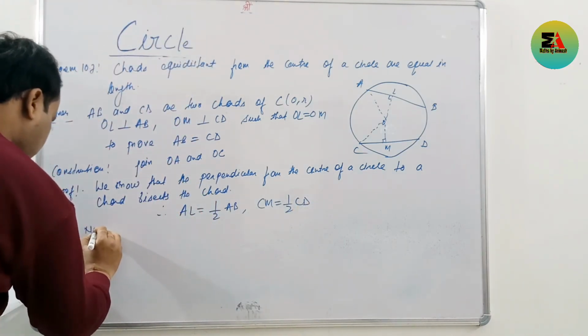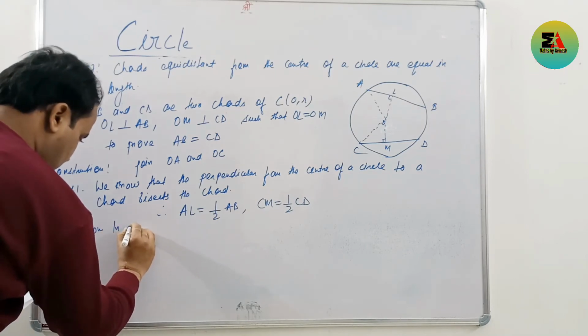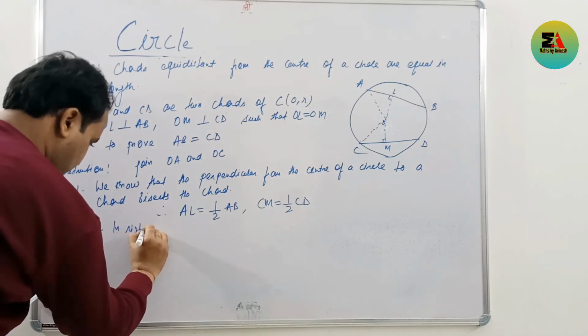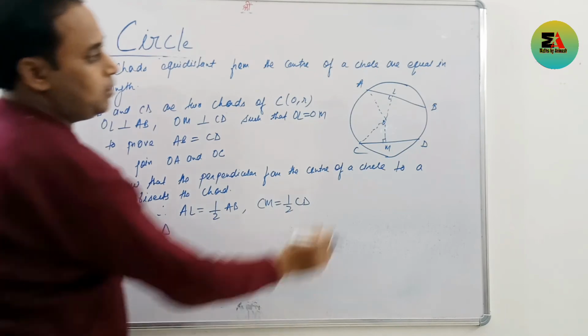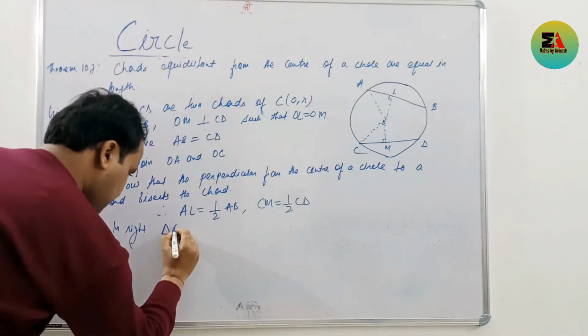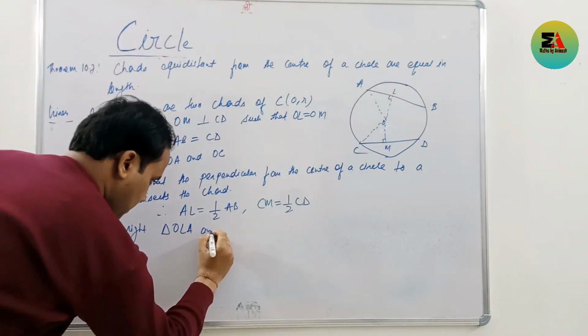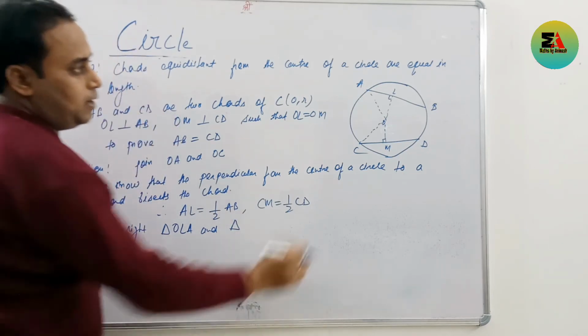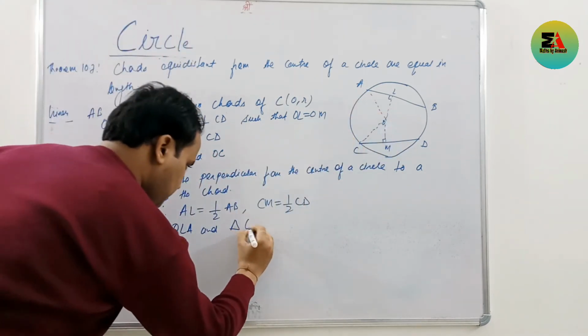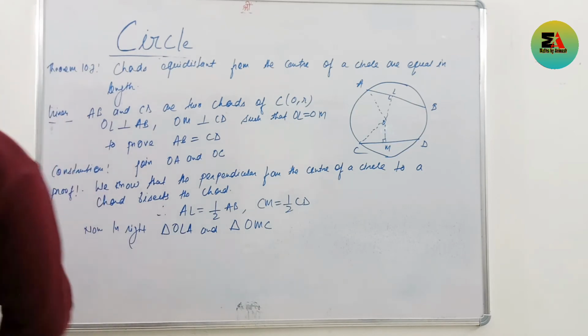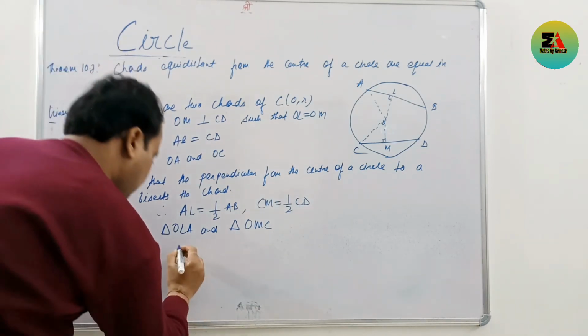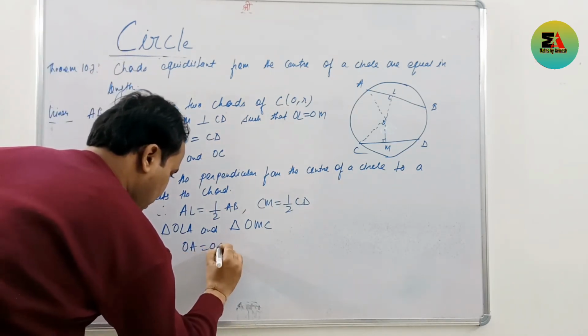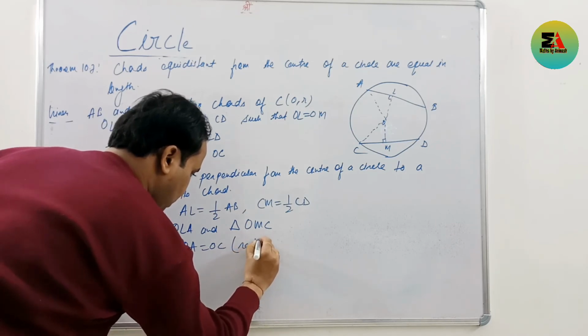Now in right triangle OLA and triangle OMC, OA equals OC, radius, we know that.